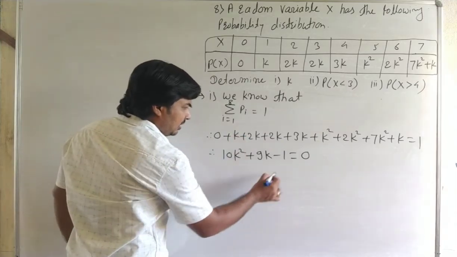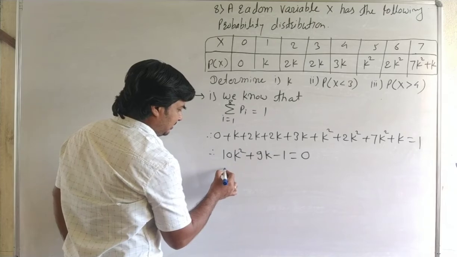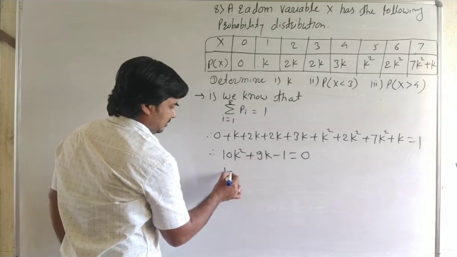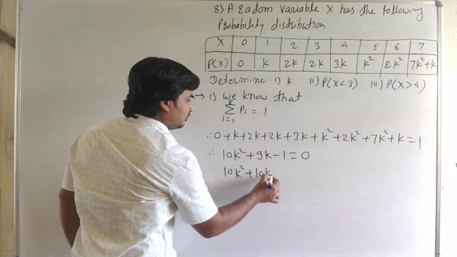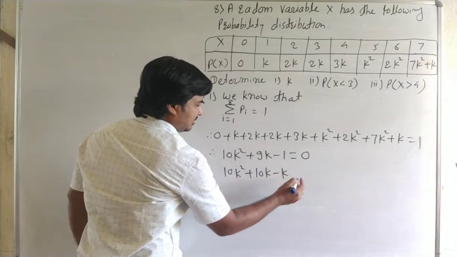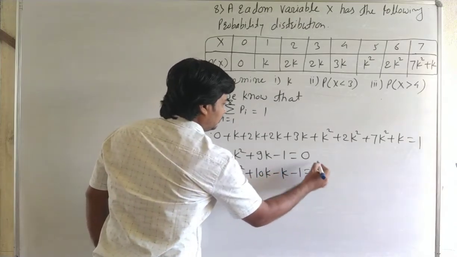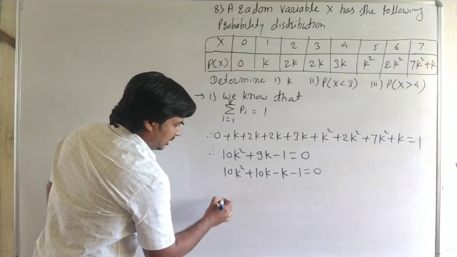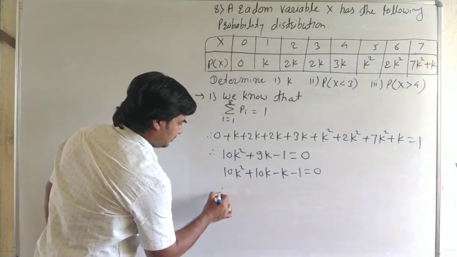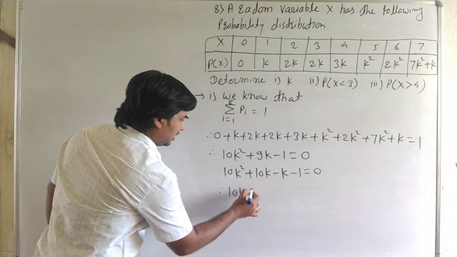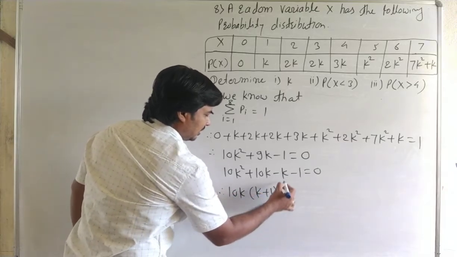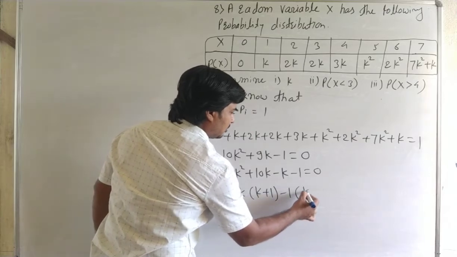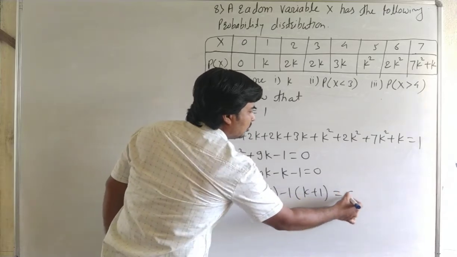The multiplication is minus 10 and the addition is plus 9. Therefore 10k square plus 10k and minus k are the factors, and minus 1 is equal to 0. We take common 10k, then we get k plus 1, and here we take common minus k, therefore it is k plus 1 equal to 0.